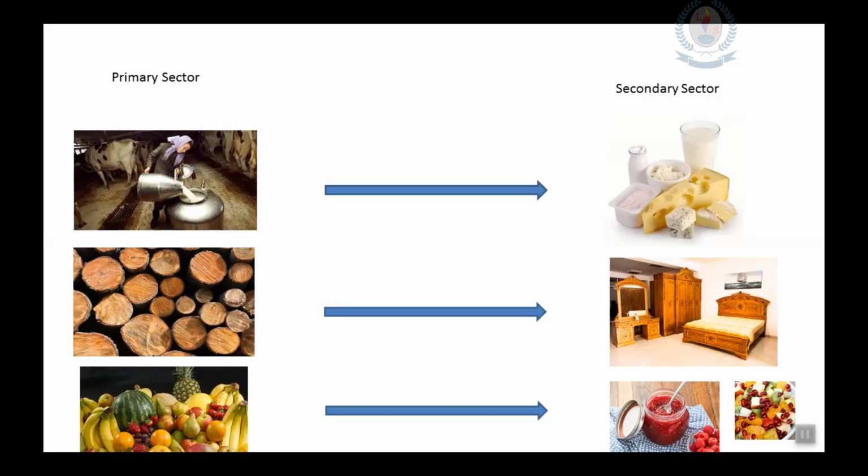Look at these examples. Primary sector. Milk comes under primary sector. When milk is turned into cheese, butter or yogurt, those things come under secondary sector. Milk turned into finished goods.